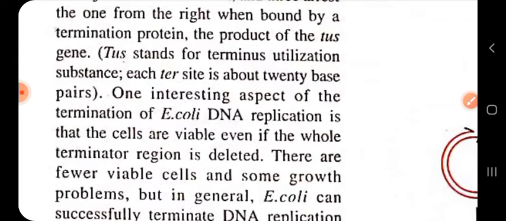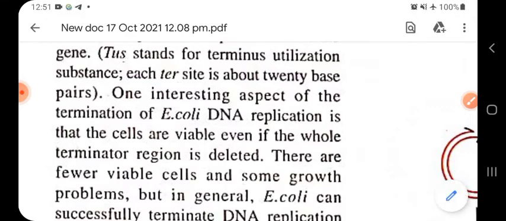One strange thing you can see is that if, by genetic engineering, we remove the terminator sites, then what will happen? Nothing will happen. The cell will still remain viable. It still remains active even if we remove the terminator sites.